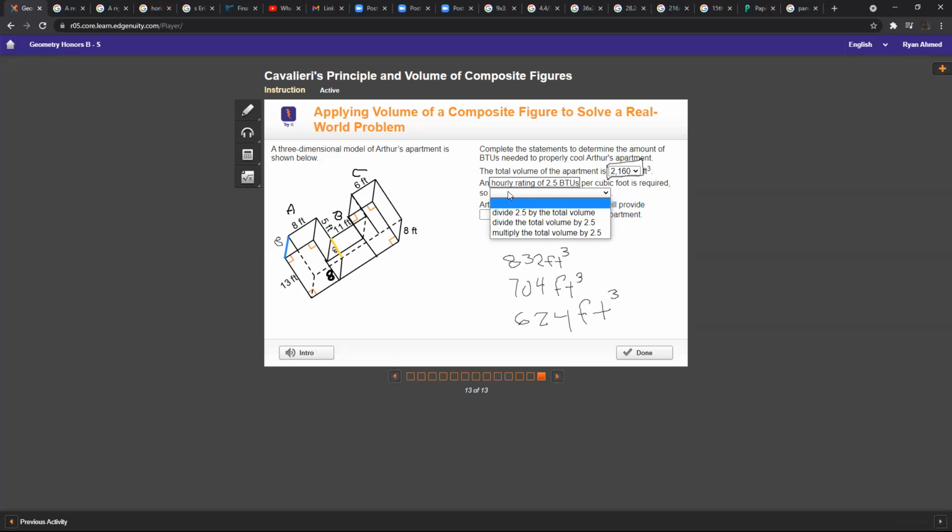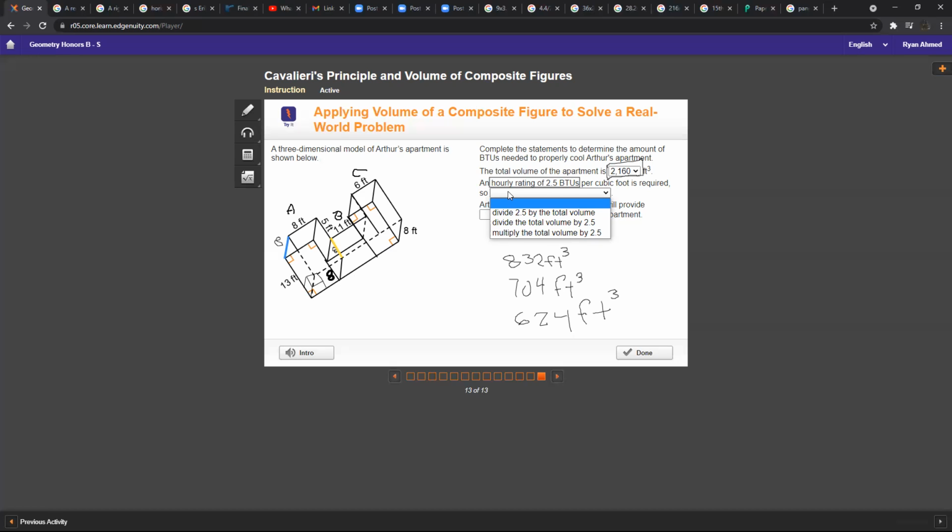So this would apply to a very small part of our figure. That would apply to maybe something like this, if we only had just 1 cubic foot instead of all of the remaining space. But the fact is, we're not just dealing with one, we're dealing with the entire thing. So actually we're going to have to multiply the total by the unit rate, so multiply by 2.5.